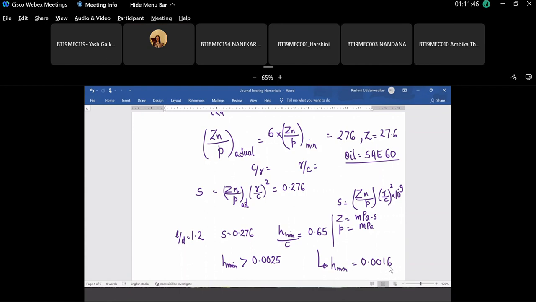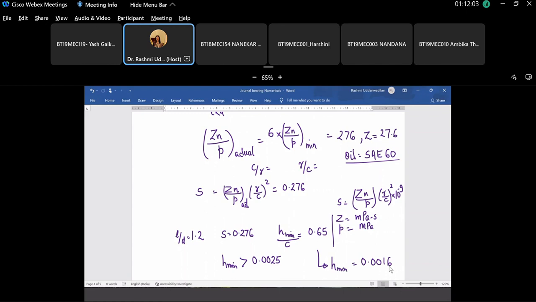And this is coming out to be less than this value of H minimum. Yes, so it is not hydrodynamic.